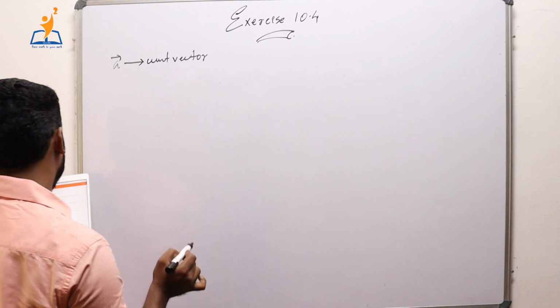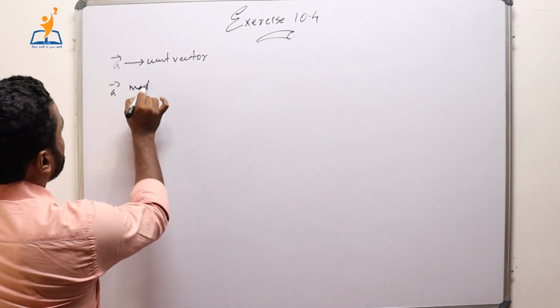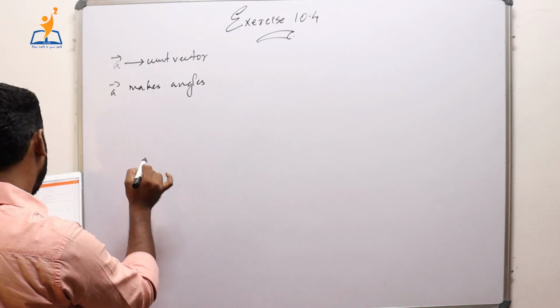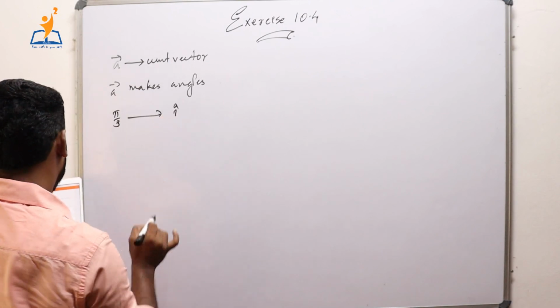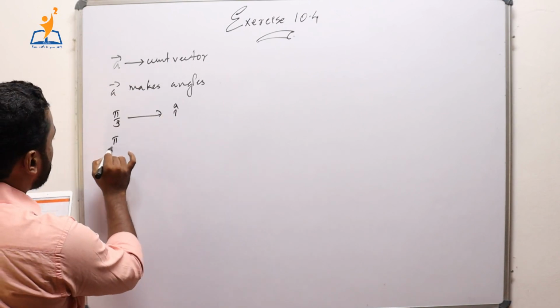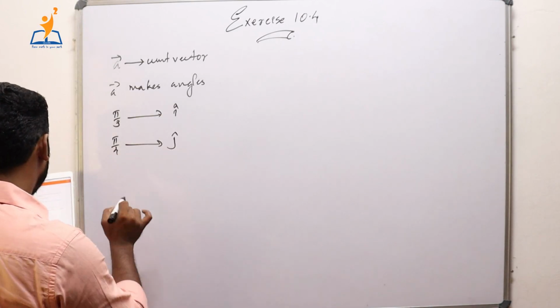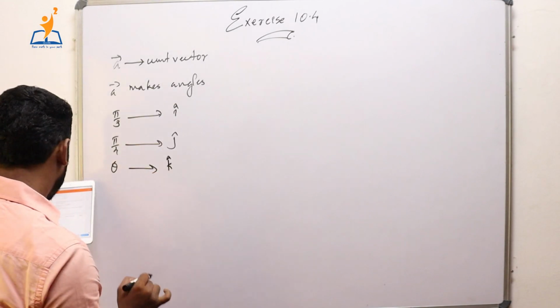Now A is a unit vector. Now A makes angles pi by 3 with i cap, pi by 4 with j cap and theta with k cap, right?